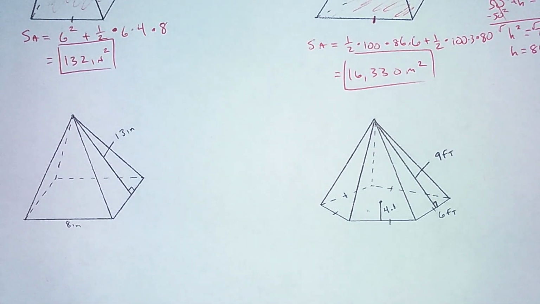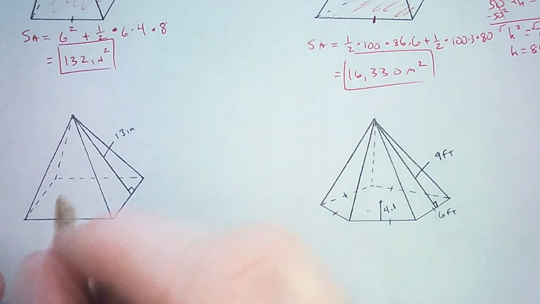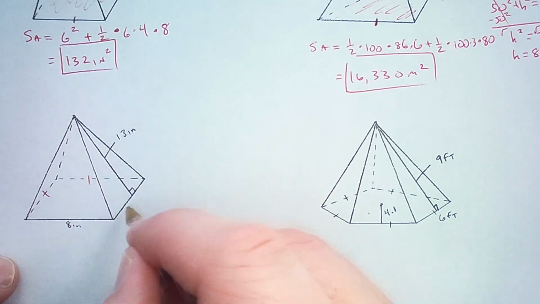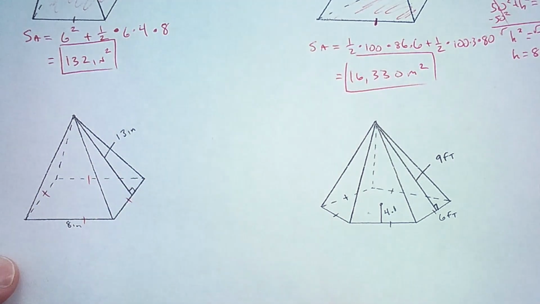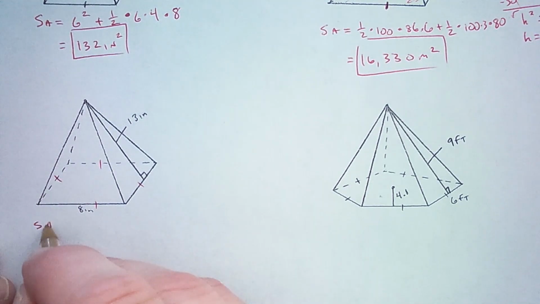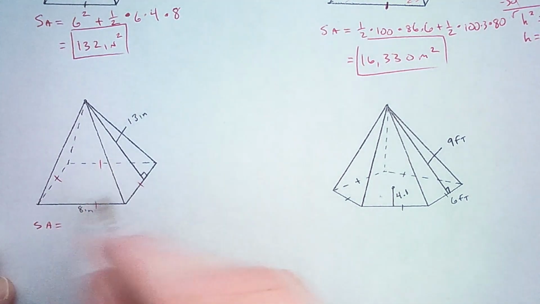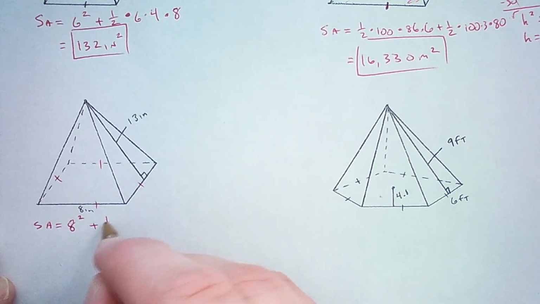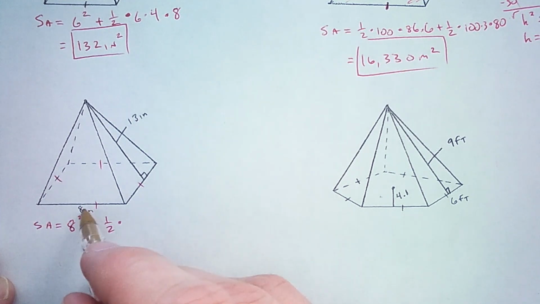Okay, now we're only dealing with regular pyramids here. This one does not have tick marks on it, but because I'm telling you it's a regular pyramid, that means this is a square right here. So the surface area is the area of the base. It's got a square base, that's side squared, so 8 squared, plus 1/2 times perimeter.